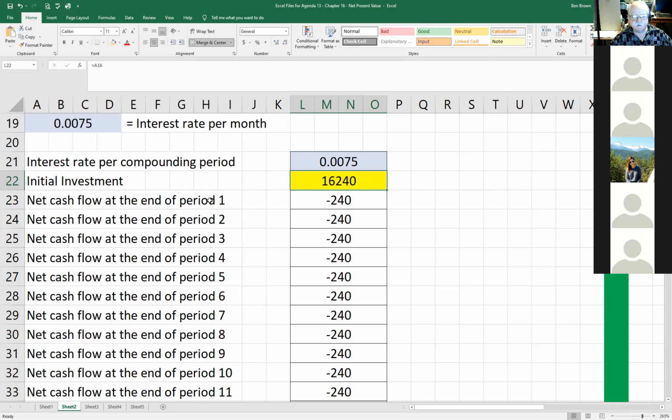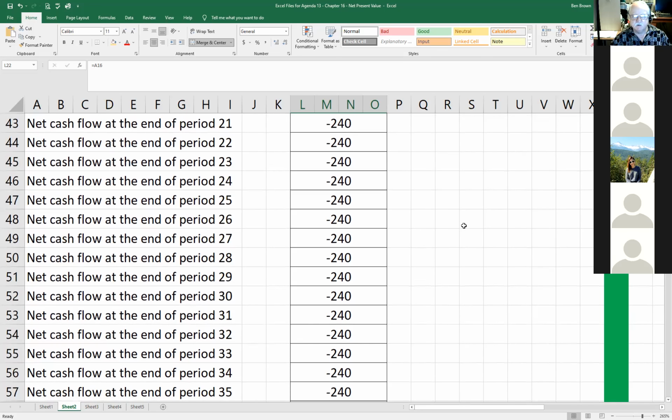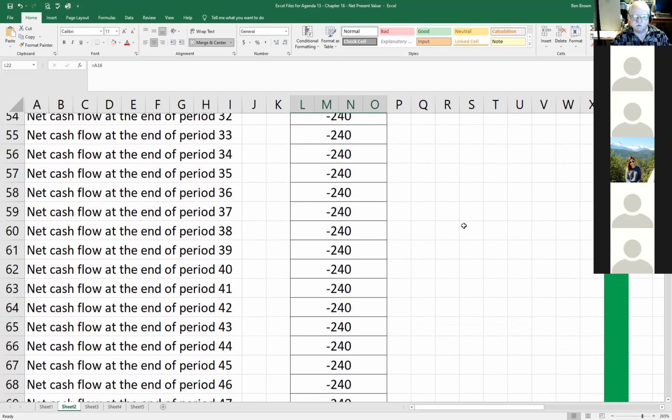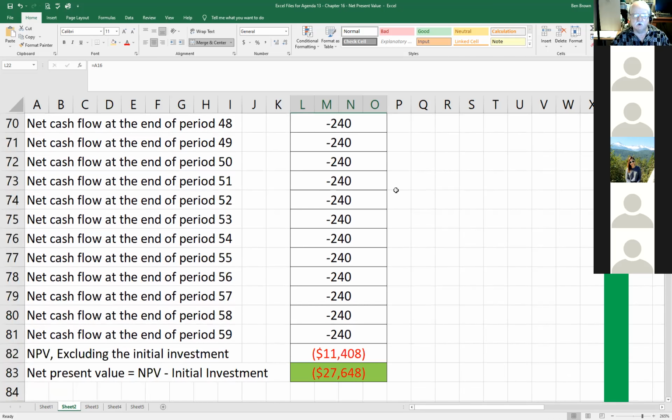And then we have these cash flows. And again, we have this strange situation of the way this spreadsheet works. The cash flows says at the end of period 1, but we really know it's at the beginning of period 2. And so there's all these 240s. And for the Excel spreadsheet, we have to list them all the way down for the 5 years.